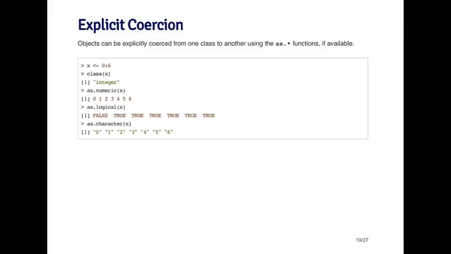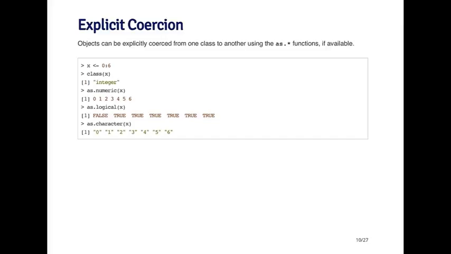But I want to convert it into a numeric sequence. And so I can call as.numeric on x, and you can see that it prints out 0, 1 through 6, which looks like an integer object, but it's actually going to be numeric. Or I can convert it into a logical. I can say as.logical on it, and what happens? Well, as you can see, the convention is that 0 is FALSE, and any number that's greater than 0 is going to be TRUE.